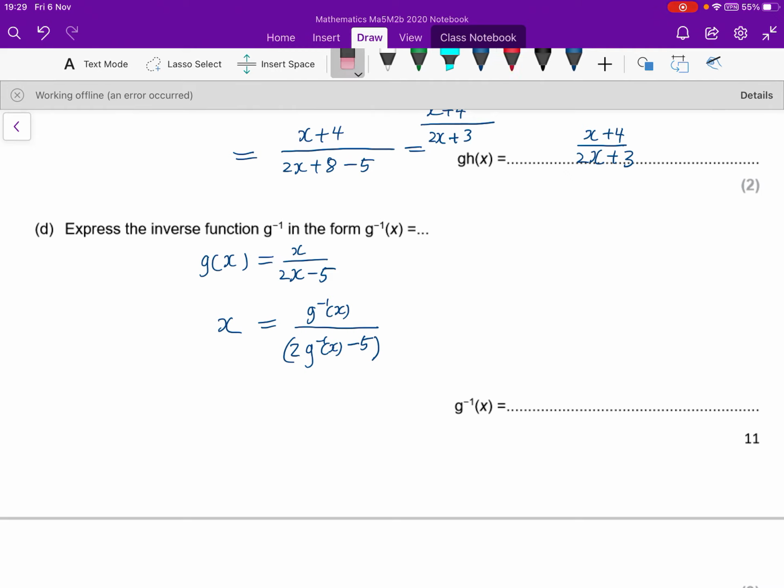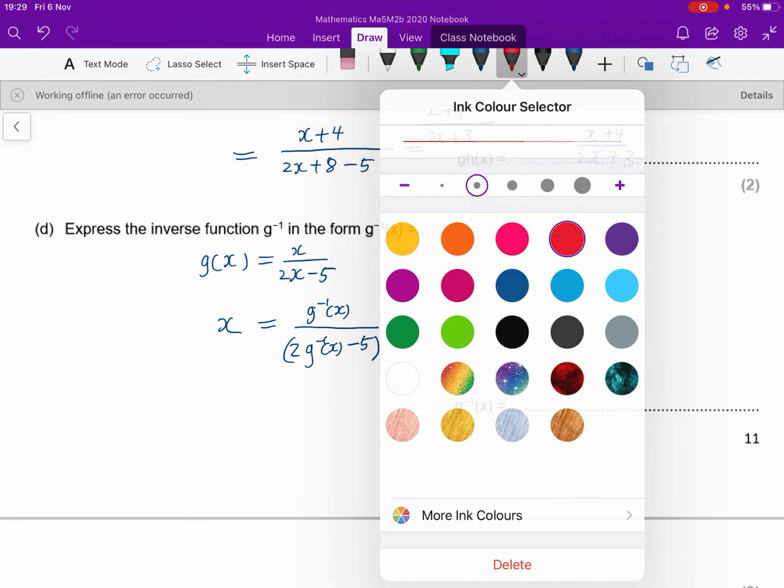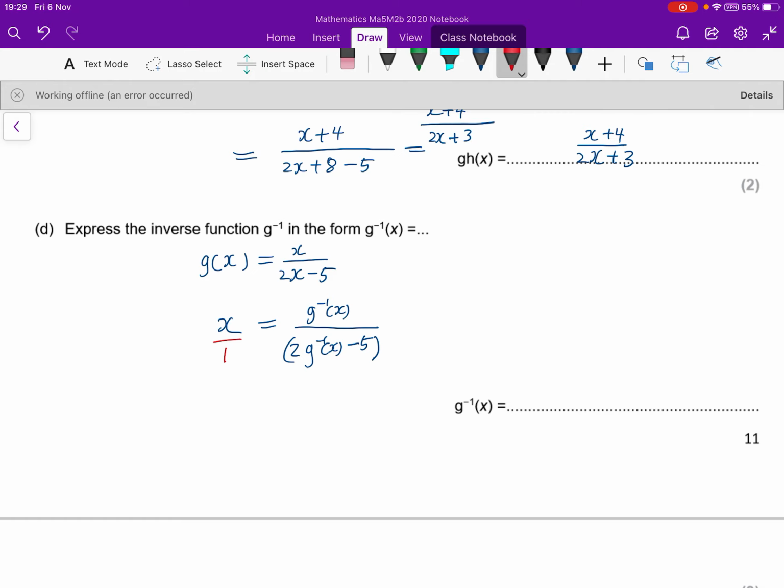So over 1 there, I can cross multiply. So I get x in the bracket, 2 times inverse g of x, take away 5. That's equals to inverse g of x. Okay, now this looks a little complicated, but actually is not too bad.